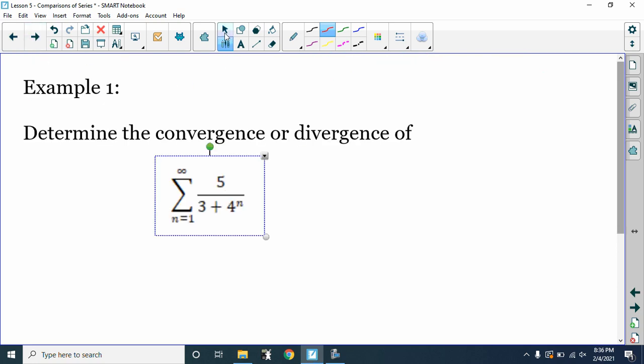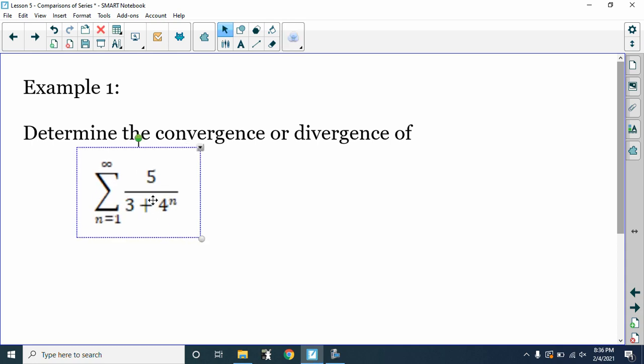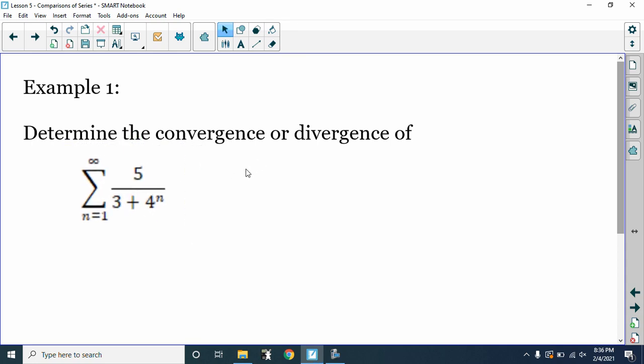So let's take a look at one of these. We are asked to determine the convergence or divergence of this series: the sum as n starts at 1 and goes to infinity of 5 over 3 plus 4 to the n.